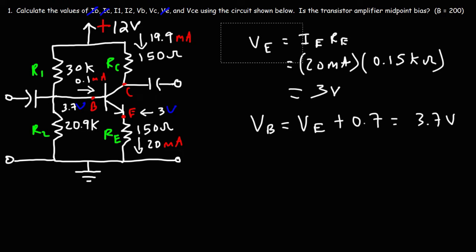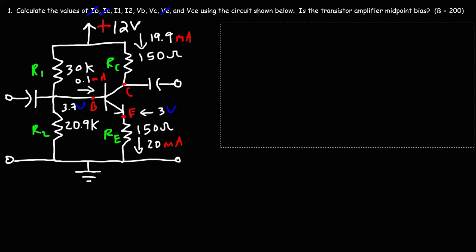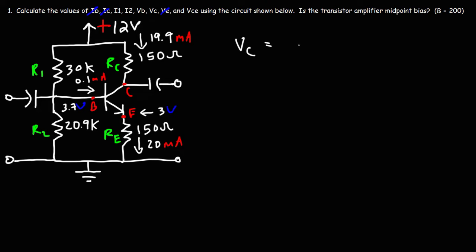Now let's calculate the potential at point C. The potential at point C is going to be the collector supply voltage minus the voltage drop across RC, the collector resistance, or the resistor associated with the collector pin of the transistor.